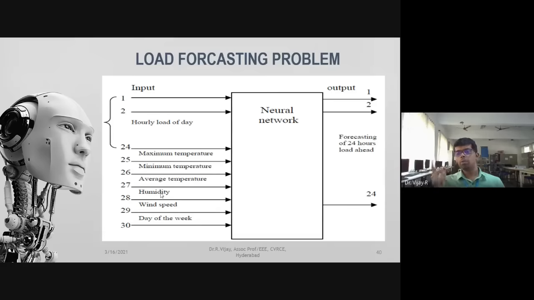If I wait for 1 or 2 minutes, I can easily get the 24 hours forecast. So my job is very, very simple with my AI system, neural network system. You can go for fuzzy logic, and for optimization algorithms also. That I will discuss in the next session, if possible.